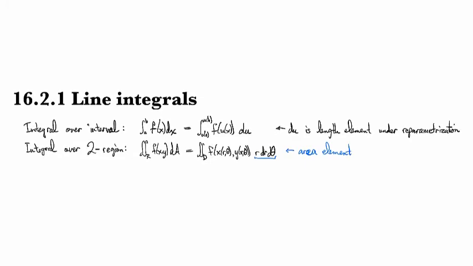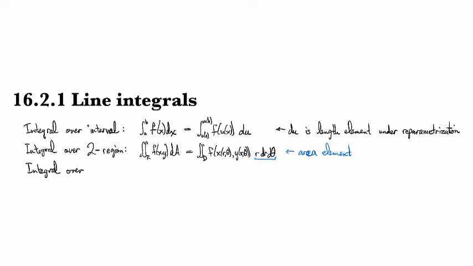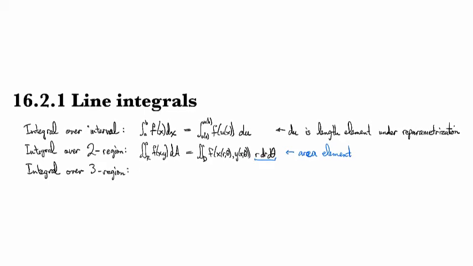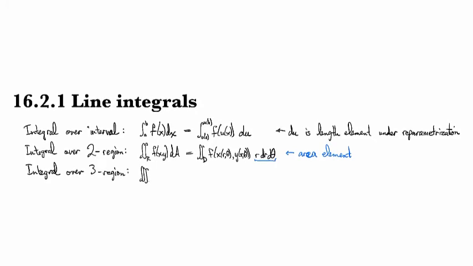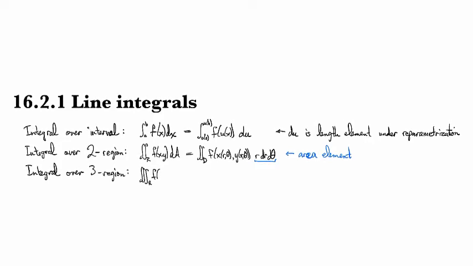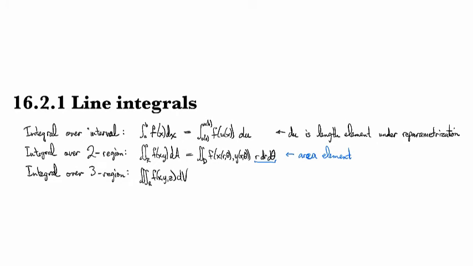And then we looked at triple integrals, which I'll just call an integral over a 3 region. In this scenario, we have, say, a triple integral. We've got f as a function of x, y, and z, and now it's d volume.